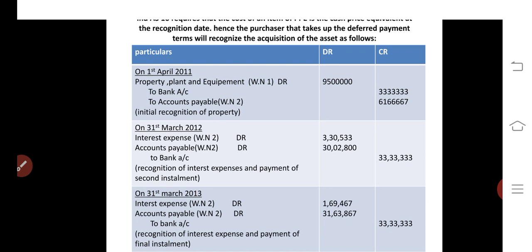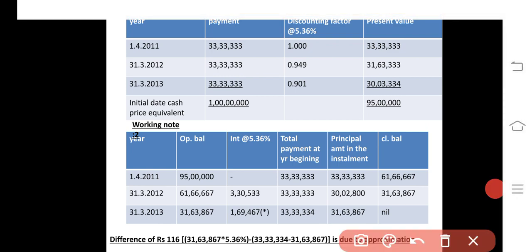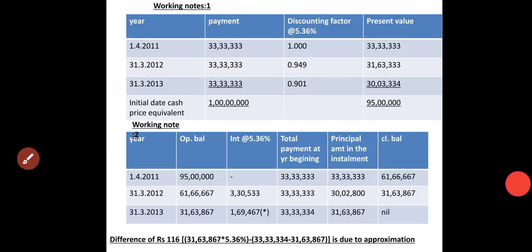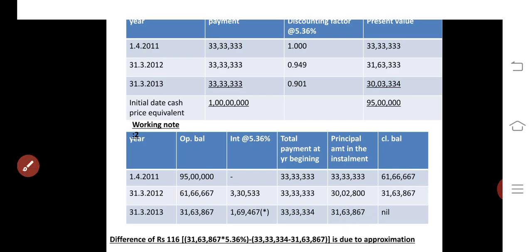On 31st March 2013, again interest expense account debit, interest on the third installment, there is interest of rupees 1,69,467, right? And the actual principal amount at the installment 31,63,867.